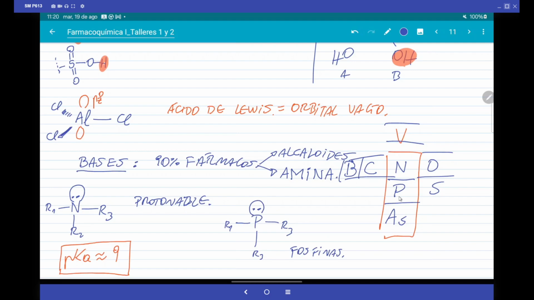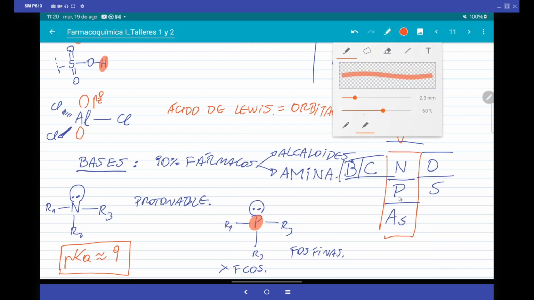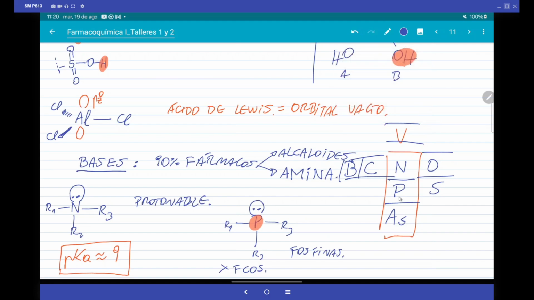Phosphines are avoided as drugs. What is the reason? What happens with the phosphorus atom? In the past, in some disciplines, when they studied toxicology related to it, they saw that there are many phosphorus molecules, for example insecticides, organophosphorus compounds, that are toxic.